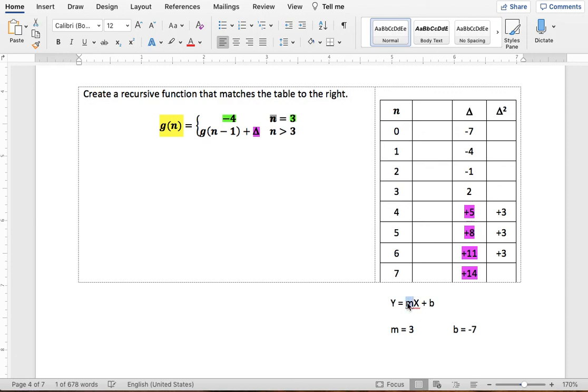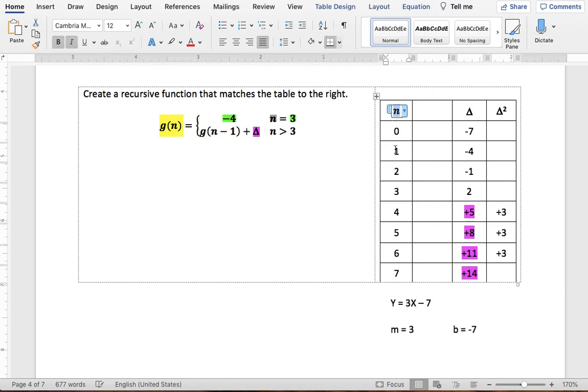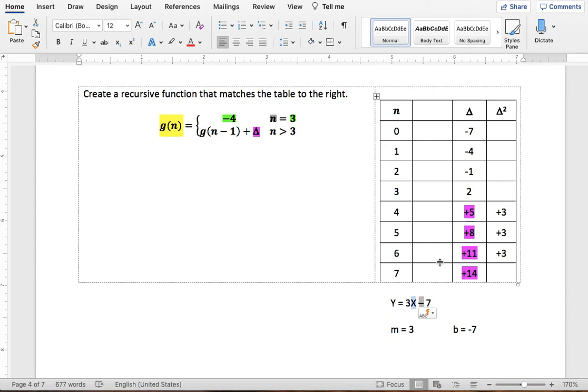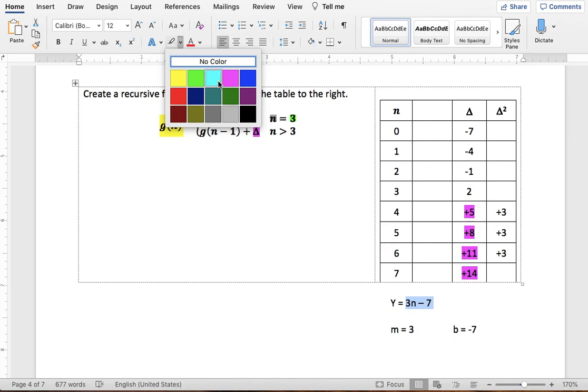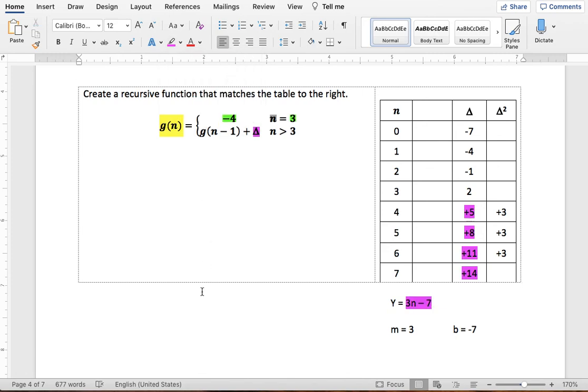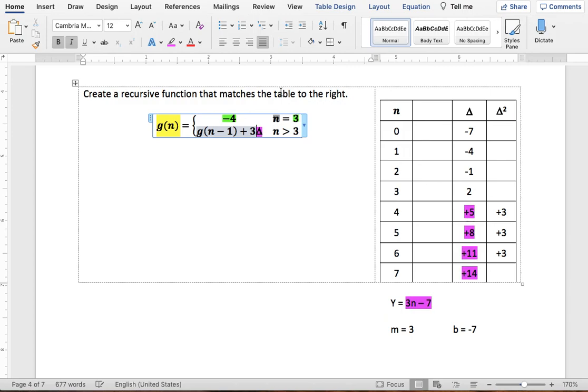So your equation is y equals 3x minus 7. Except that here we're actually using an n instead of an x, so I'll change that to an n instead of an x. There you go. There is your equation for your change column: 3n minus 7. Okay.